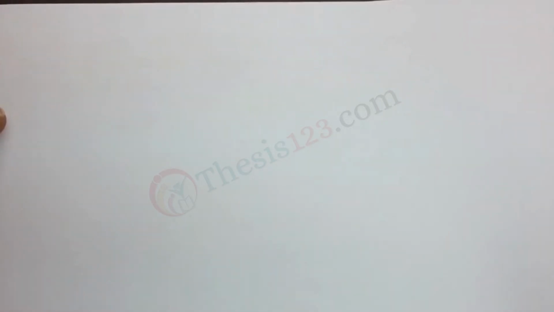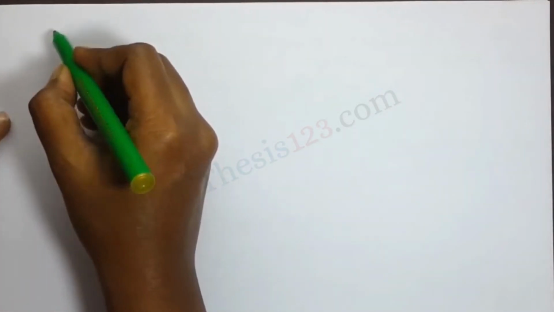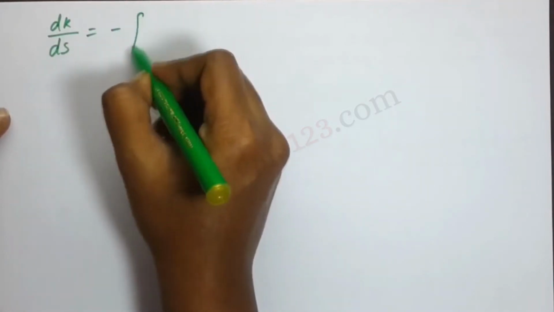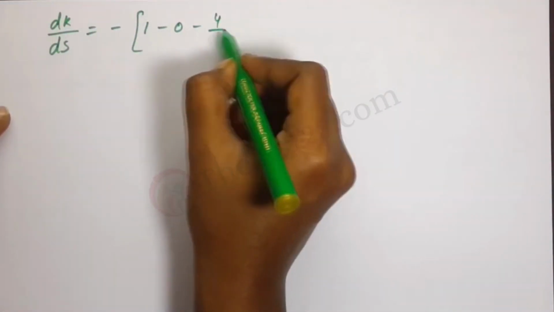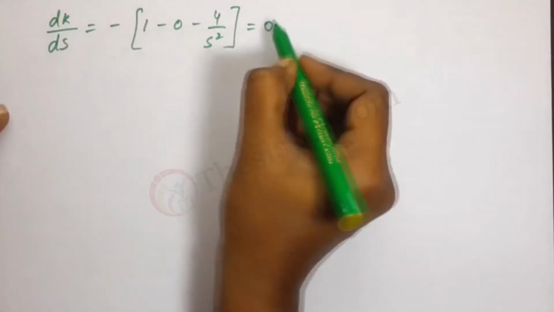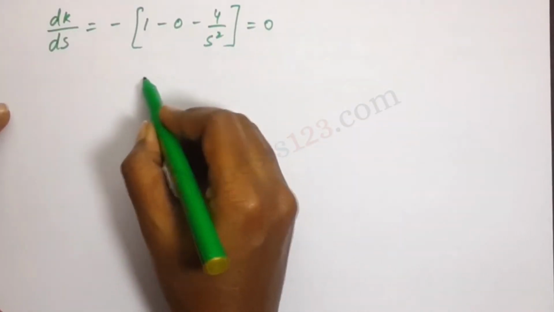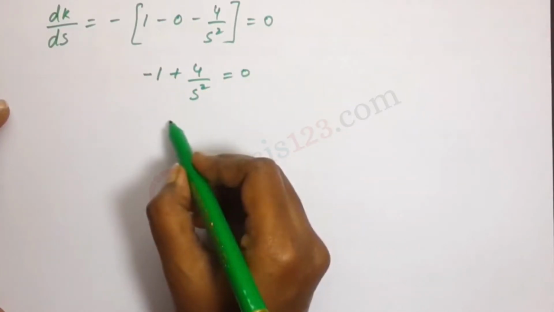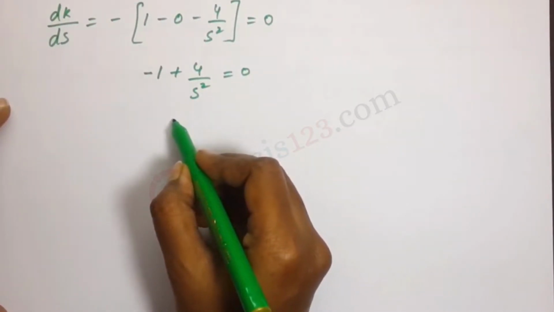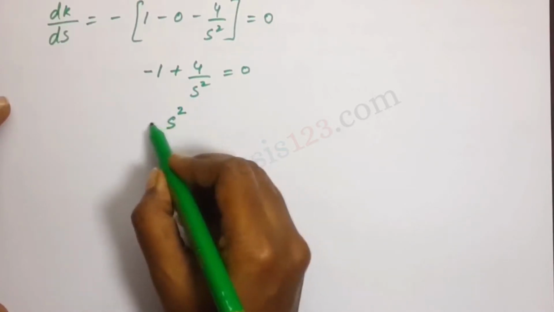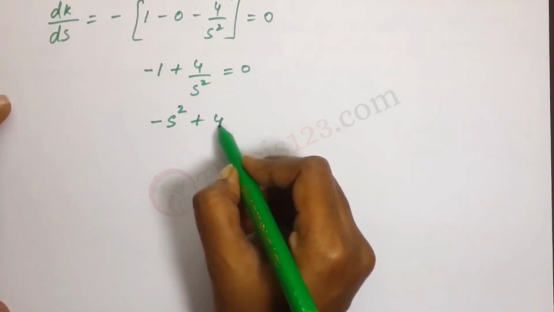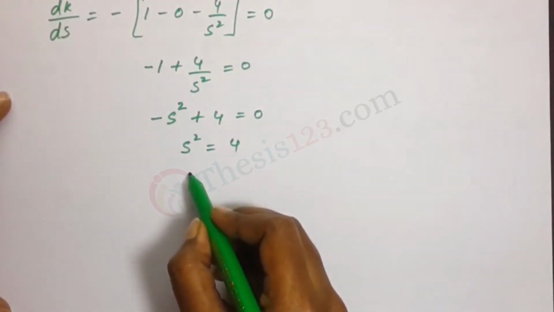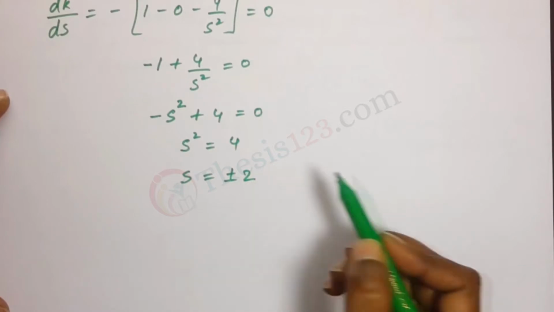So we now have dK/ds = -(1 - 0 - 4/s²). This is what we found. Okay, let's equate and see. We get -1 + 4/s² = 0. We can write this as -s² + 4 = 0, s² = 4, s = ±2.